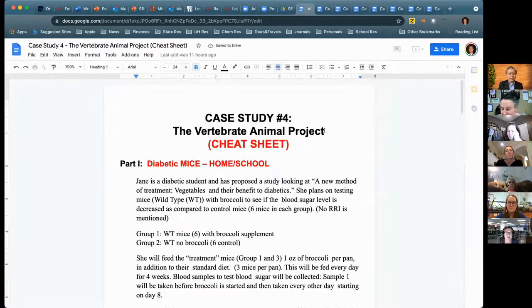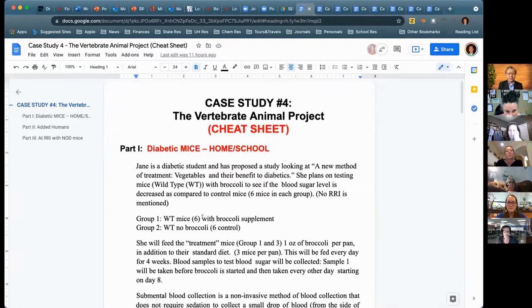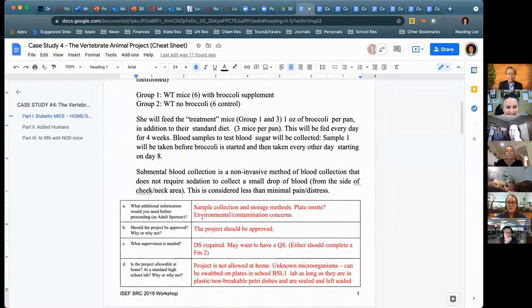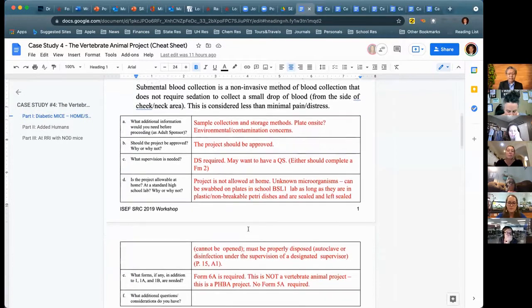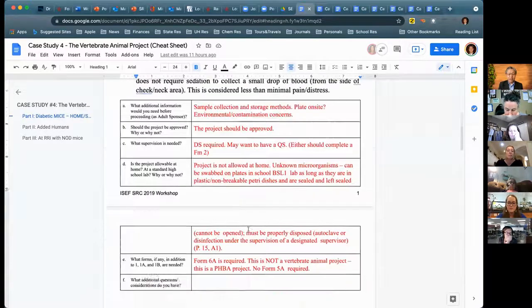All right, so the cheat sheet there: part one is diabetic mice. So that can be done. That should be a BSL-1 project, but that means it cannot be done at home. That's one thing you need to really pay attention to.